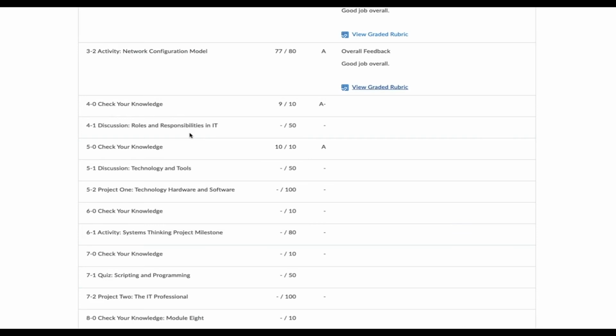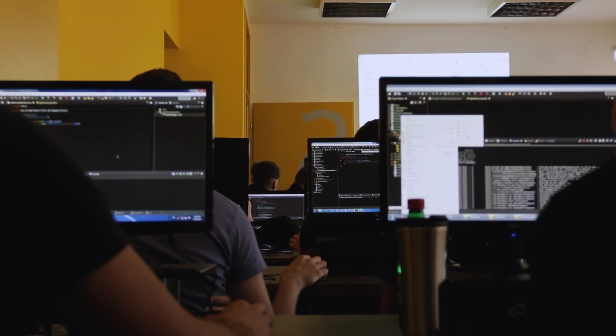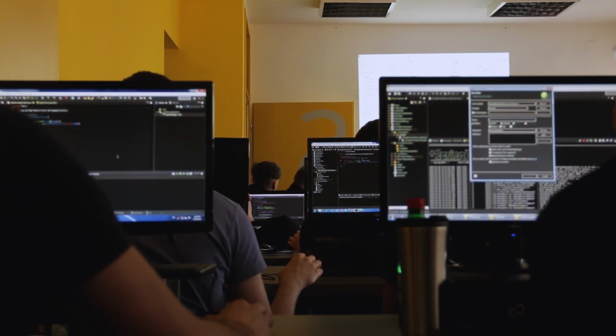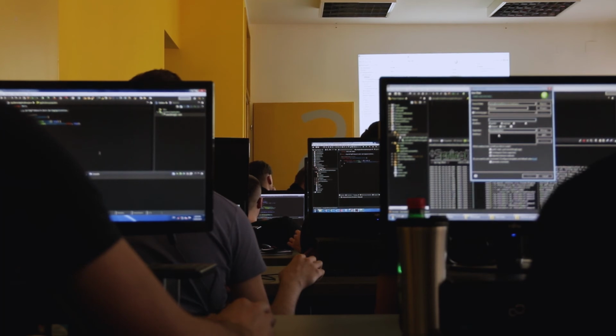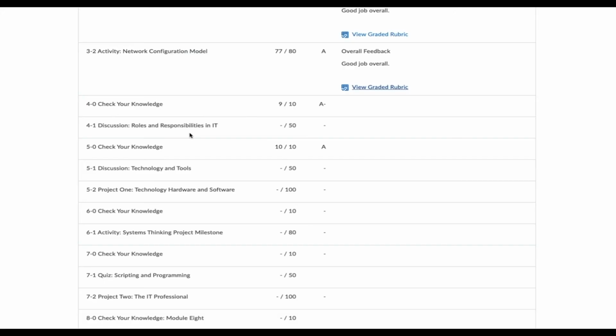Not a lot specifically, but for those of you who are just curious and maybe looking at this coursework to see what you're going to do, if you have some IT background, then this won't be a difficult class, as I've said before. But if you are new to IT, this will be a class to really give you some understanding of how networks work, how computers work, and those types of things. You go through VPNs and all of that.